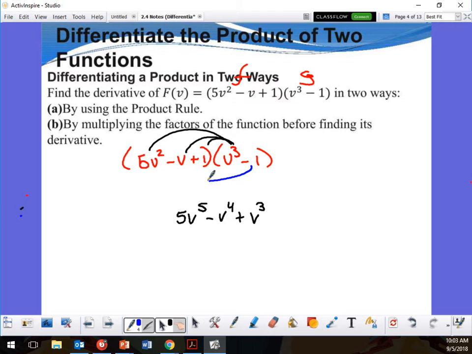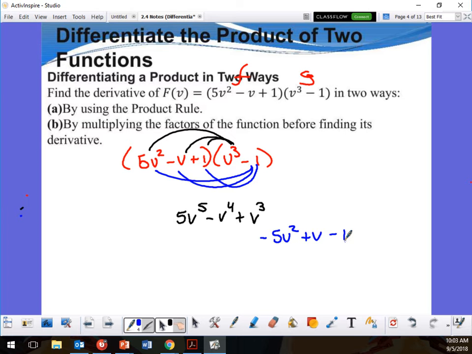So now, as I distribute over here, I get negative 5v squared. As I distribute over here, that's going to be my plus v. And then from here to here, it's going to be minus 1. Okay, so do they have any common variables?